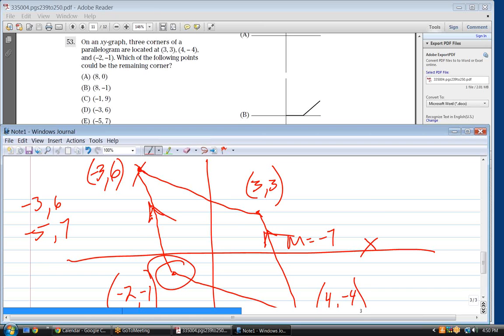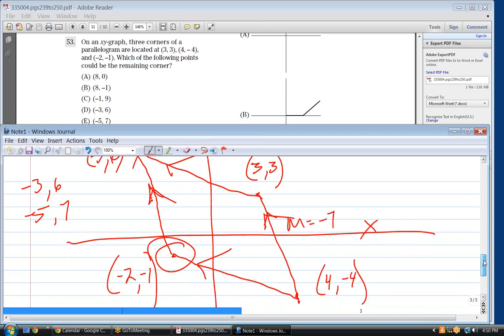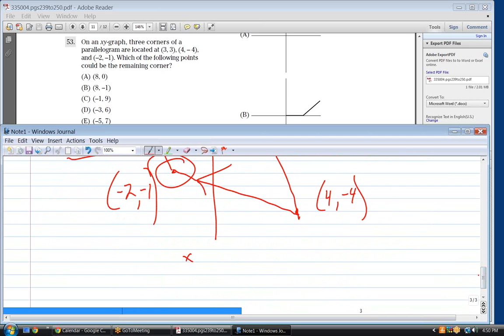Well, for it to be a proper parallelogram, we've got to prove that this side is also parallel to that side. Yeah. So what's the slope of the bottom line? I'm not sure I would spend this extra effort. Well, hold on a moment. Yeah, we have to.